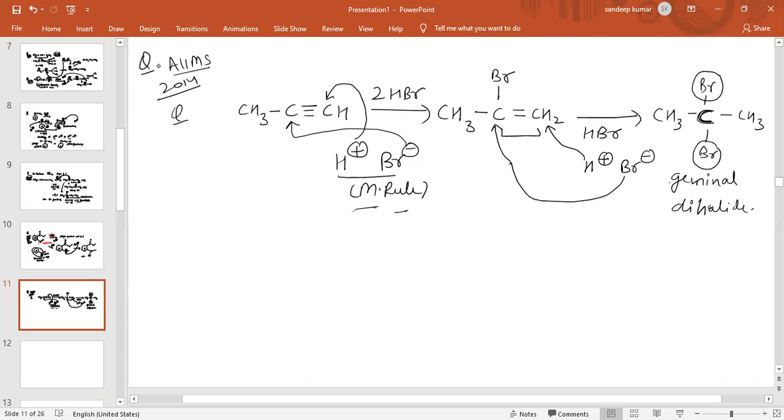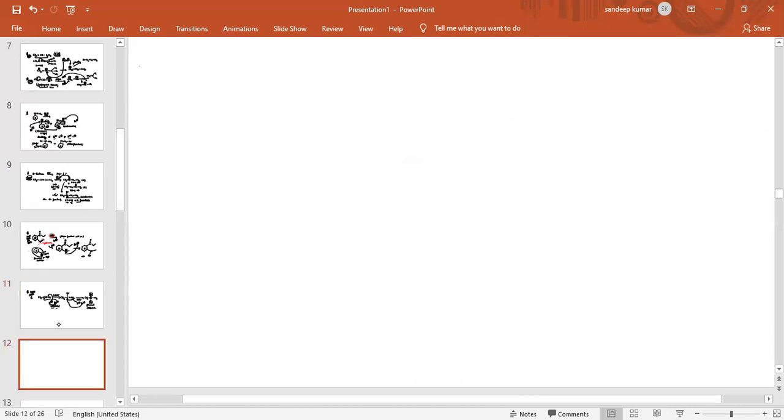Now see another question. This question has been asked in AIPMT, related to electrophilic addition reaction. This is again a very important question. As you have seen, electrophilic addition reaction is a very special topic from the examination point of view.